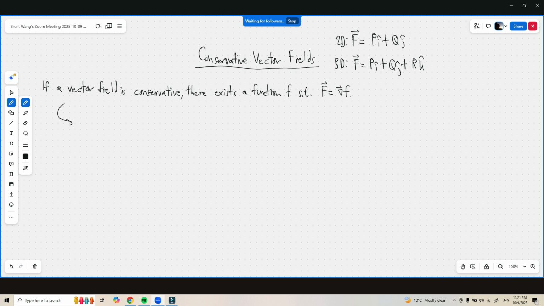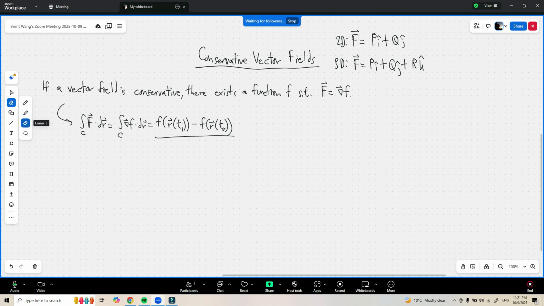In that case, once you find this scalar function, then you can say that the integral over C of F dot dr is equal to the integral over C of gradient f dot dr, which is equal to f of r of t1 minus f of r of t naught, assuming C goes from t0 to t1.